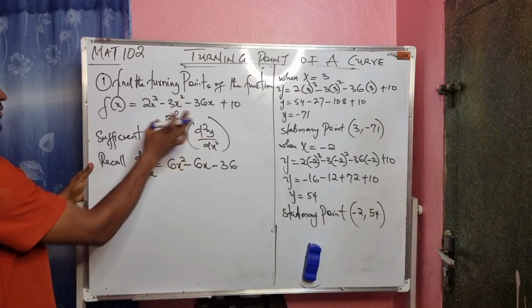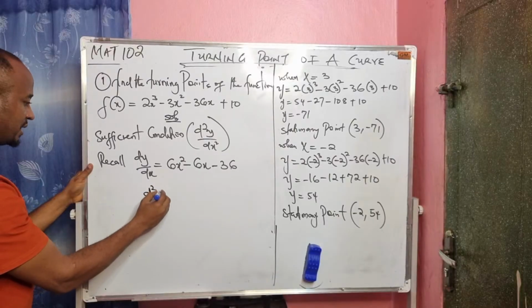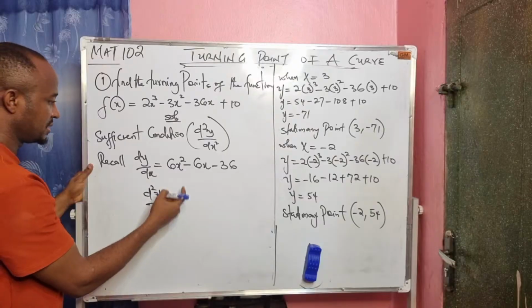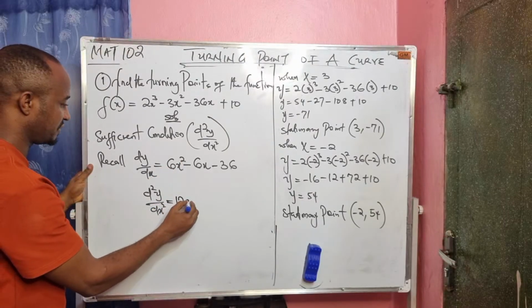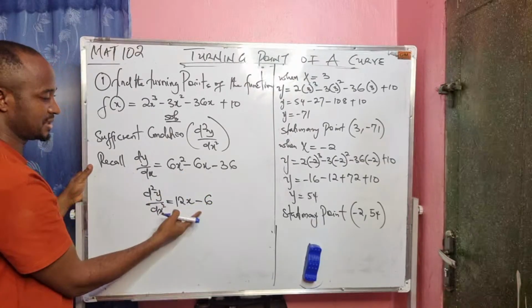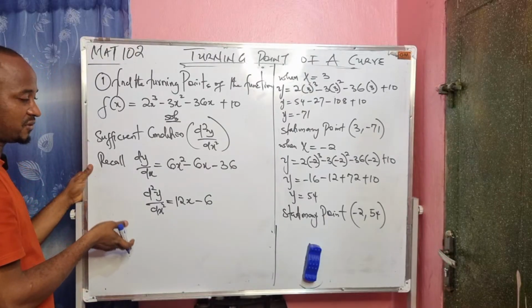So to find our second derivative, I have to further differentiate this. That means d2y over dx squared will give us 12x minus 6, since differentiating minus 6x gives minus 6. So this is my second derivative function.